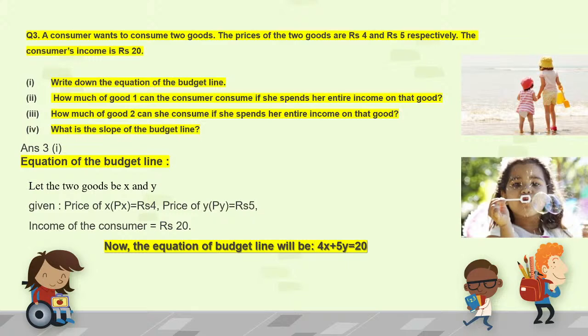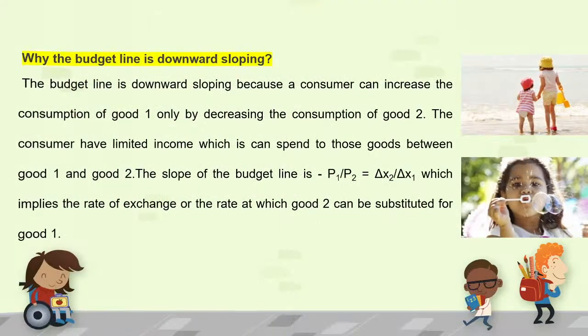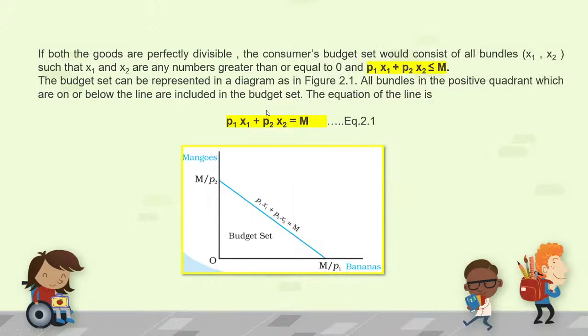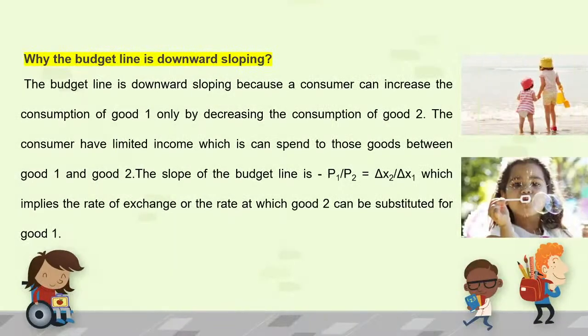As we have already done the equation of the budget line earlier, if you remember, it's very simple, we did it in the very initial part. So this is the equation of the budget line. All we have to do is put in the values which are already given here.